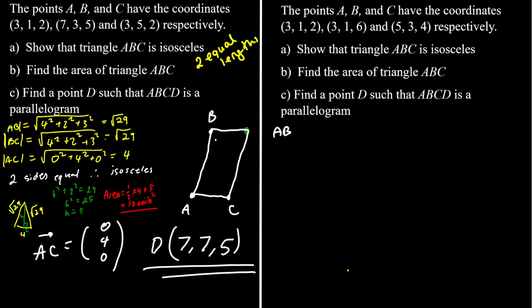So let's go from A to B, or the modulus of A to B. What's the length from A to B? So we've got 0 in the x, 0 in the y, and 4 in the z. So it's 4. B to C, we have 2 in the x, 2 in the y, and 2 in the z.